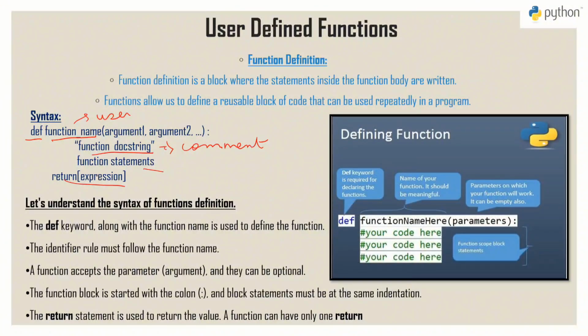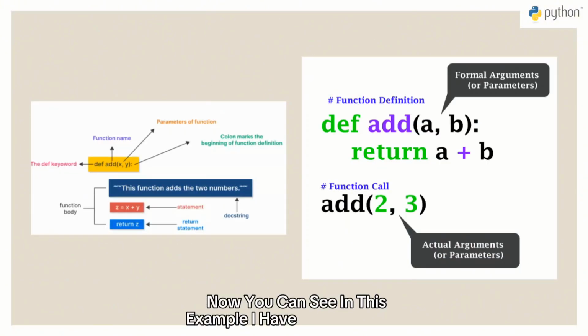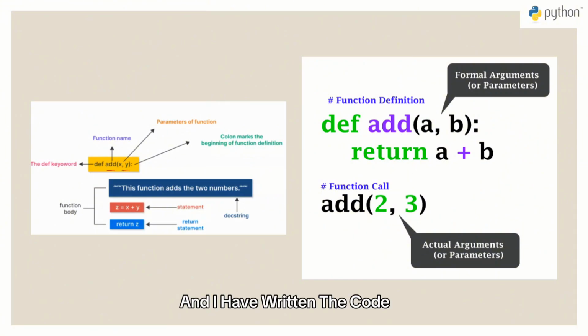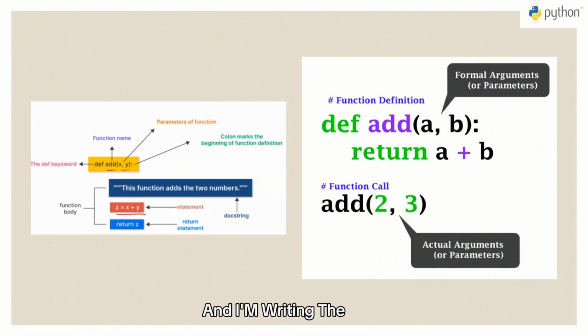Okay. Now you can see in this example, I have a function add with 2 parameters and I have written the code for addition of 2 numbers and I am returning the result. So I can call this add function a fruitful function. So this is my function definition.